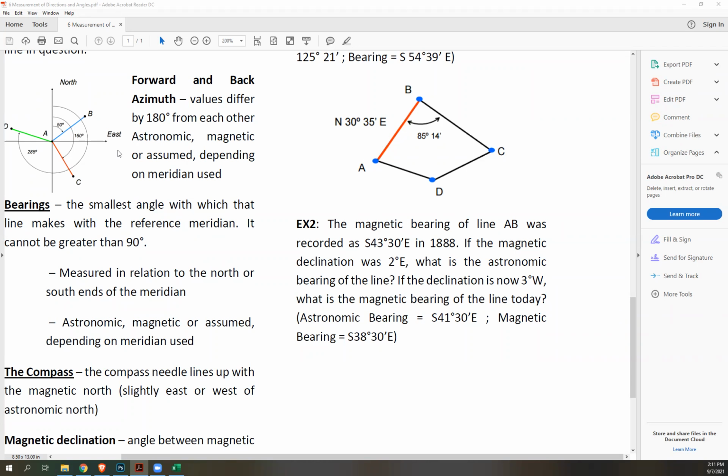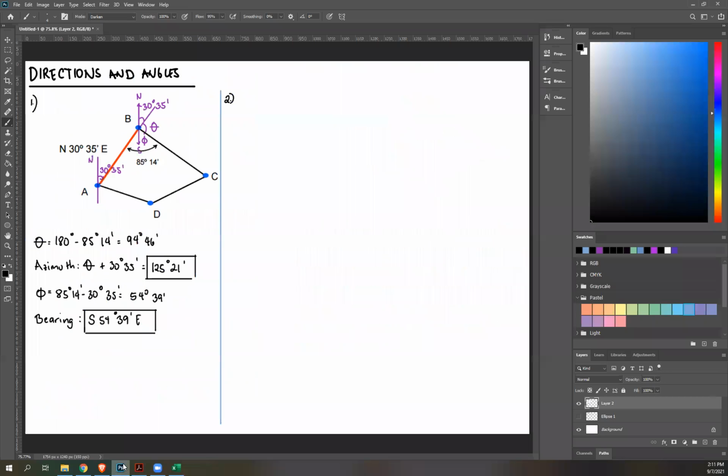First, I'm going to draw what's happening here. We have a line AB with this bearing, but it's a magnetic bearing. Therefore, it's not the true bearing. Therefore, the angle of declination or magnetic declination is 2. In order to solve for this, you have to establish first your true meridian or your astronomic meridian.